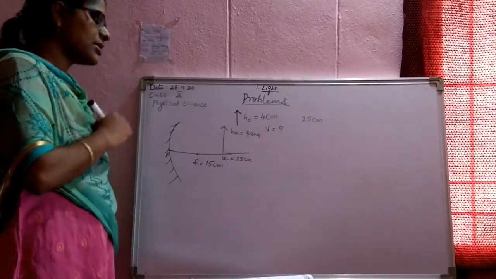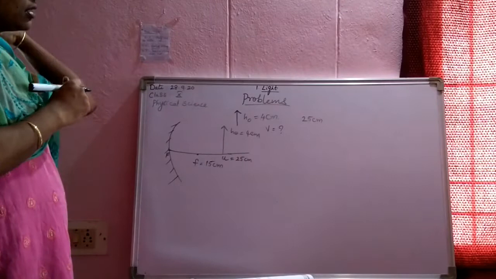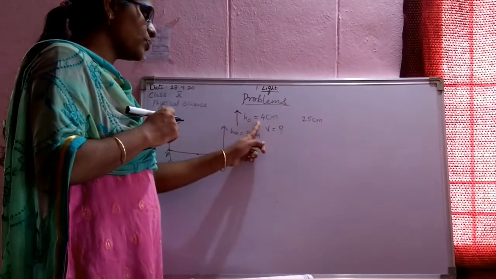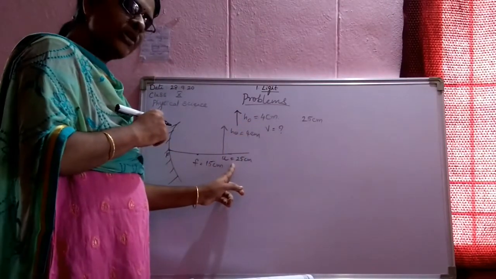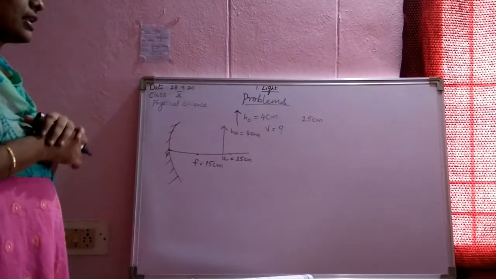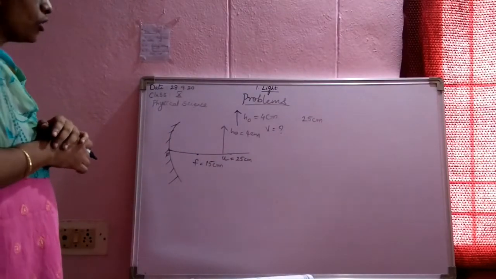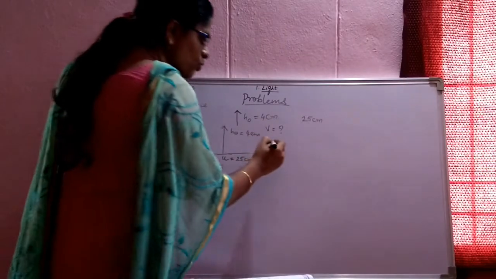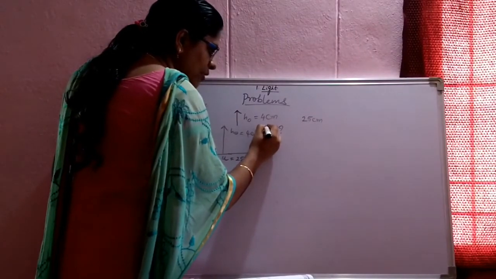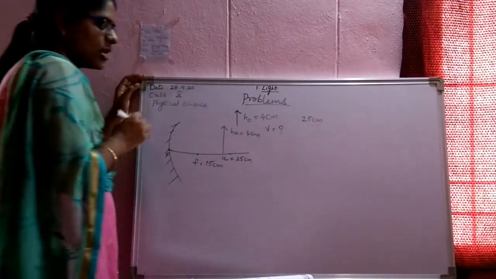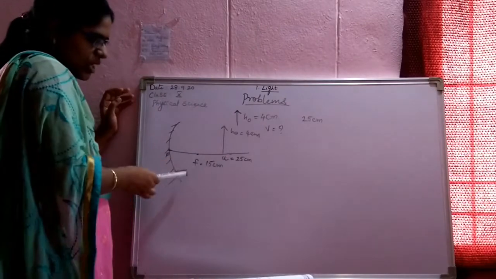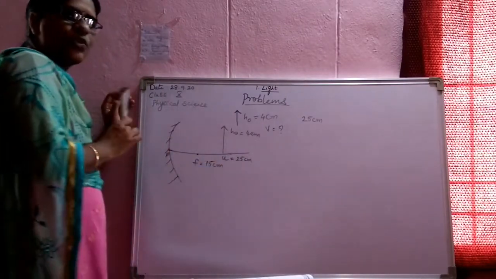Okay, let us see now. Here we were given the height of the object, object distance, and focal length. To find the image distance we have U, F, and we need to find V.